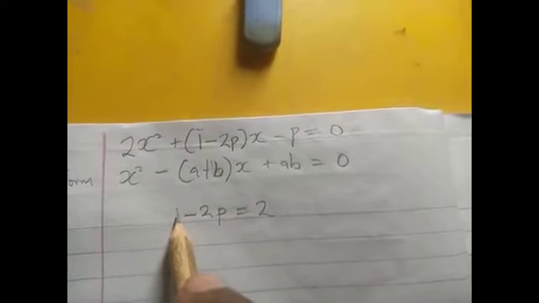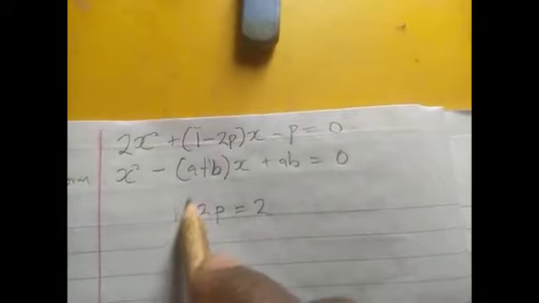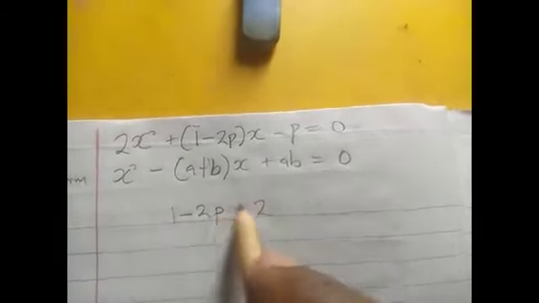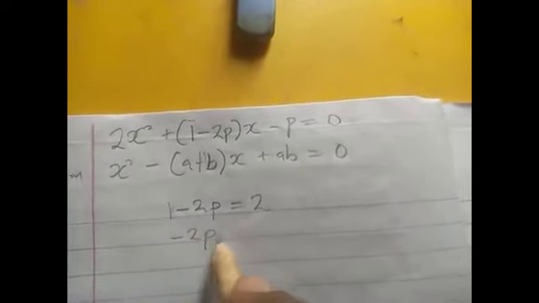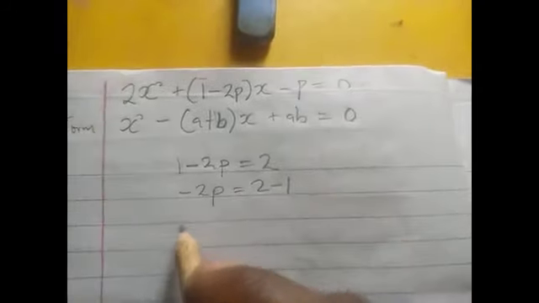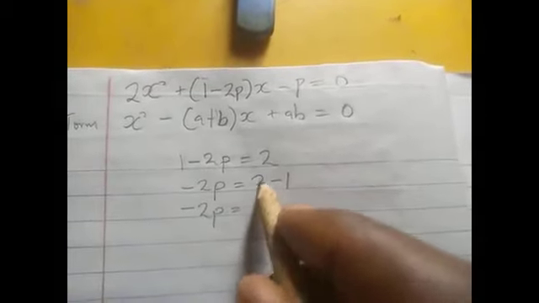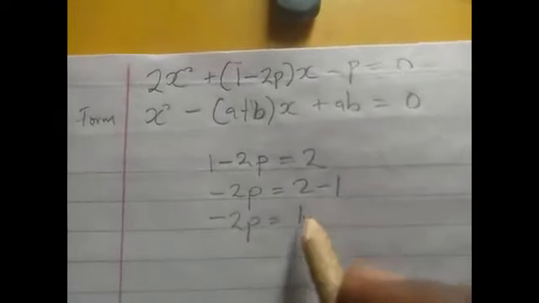This positive 1 here is the like term of this, so you just cross it over to this side, right? When it's positive and you cross the equality sign, it becomes negative. So then we have minus 2p is equal to 2 minus 1. What we have now is minus 2p is equal to 2 minus 1, which gives us 1. So now we have minus 2p equal to 1.